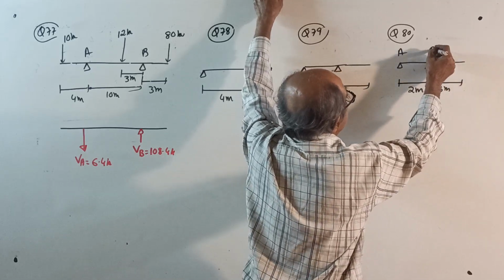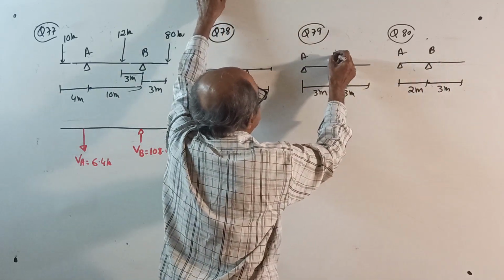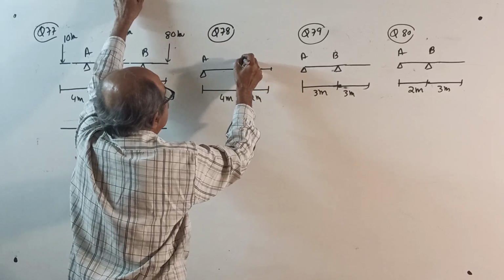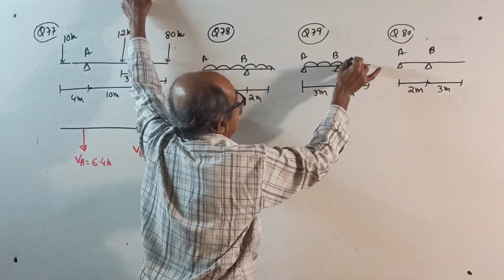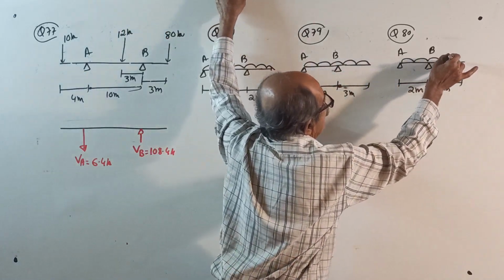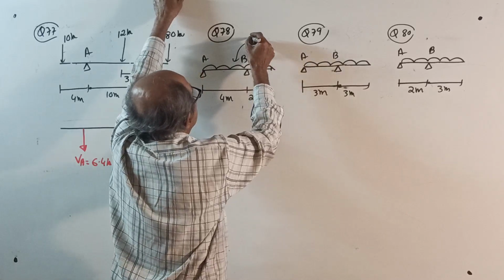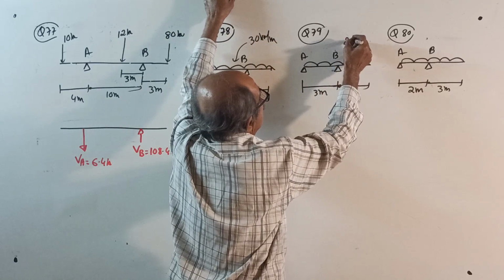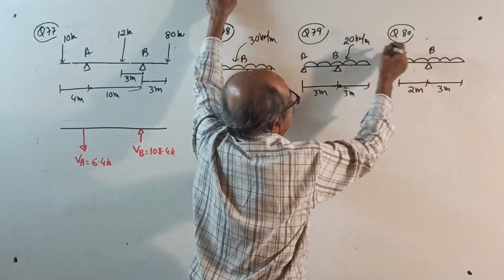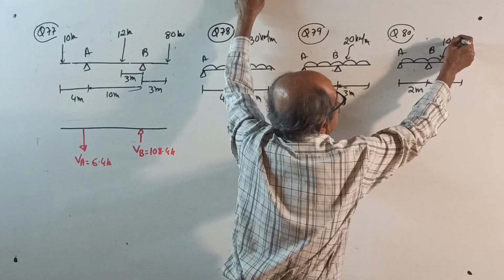As usual, AB. These are all cases we considered earlier, if you remember. Everywhere UDL: 30 kN per meter, 20 kN per meter, 10 kN per meter.